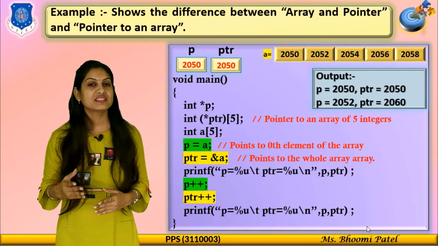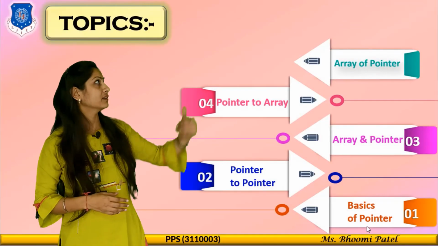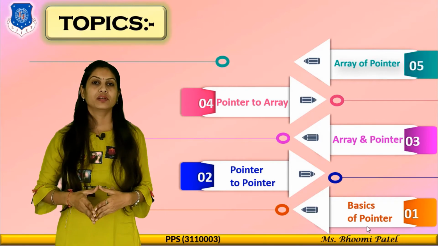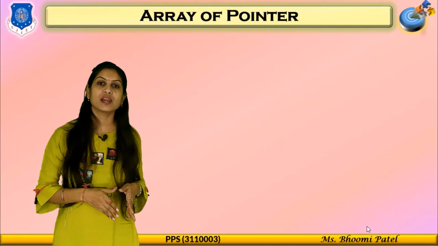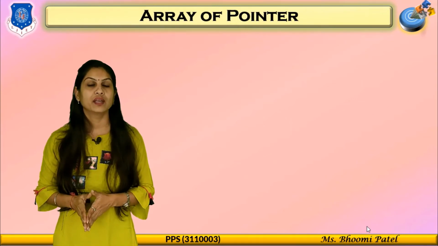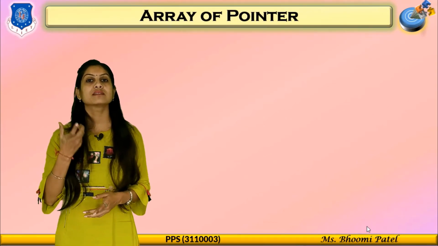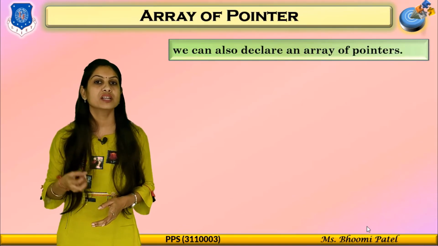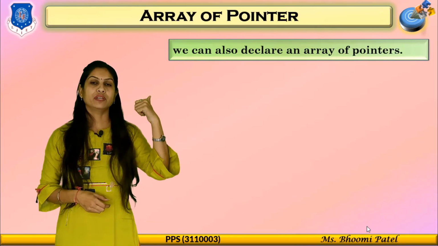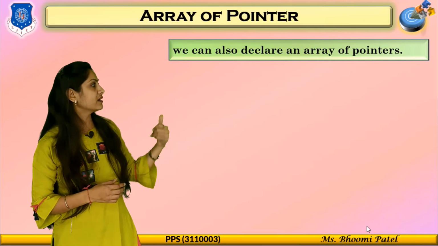Now we discuss the new topic, that is array of pointers. Here array of pointers is totally different from pointer and array and pointer to array. It means the array has some elements and all the elements are nothing but pointers. That is our definition. Clear? So how can we write this?